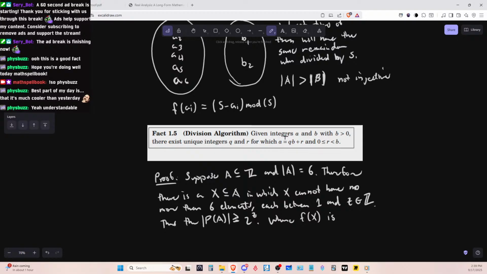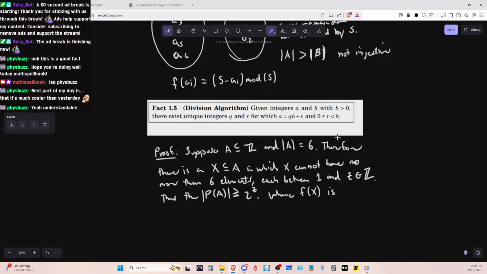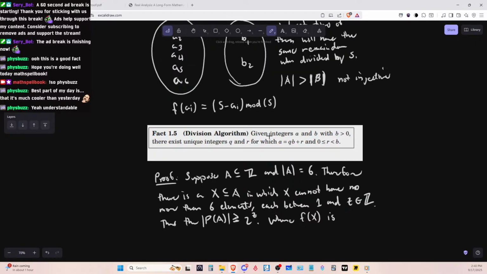I mean, we can use the division algorithm, a equals b times q plus r, and just solve it for r. Then it would be a minus q of b.